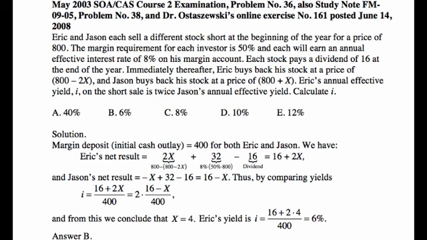So his rate of return is 16 minus x over 400. So we get this equation that (16 plus 2x) over 400 is twice (16 minus x) over 400, and that's a simple linear equation. We solve it for x equal to 4, and the question was, what is i, Eric's yield? And that's (16 plus 2 times 4) over 400. That ends up being 6%.